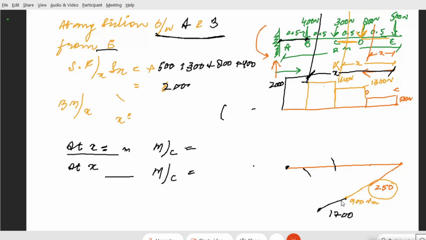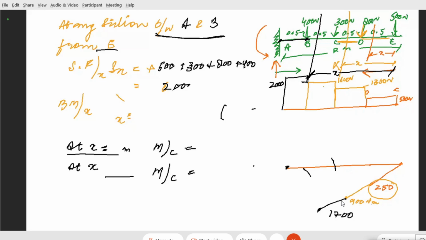Now your bending moment. You can simply apply all the values and calculate the moment equation.